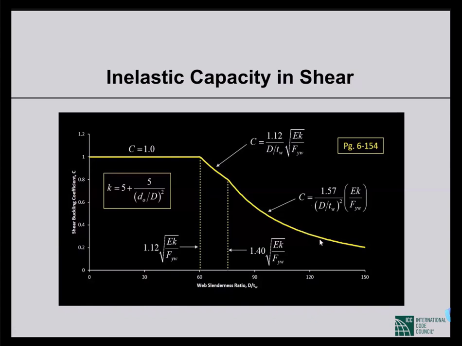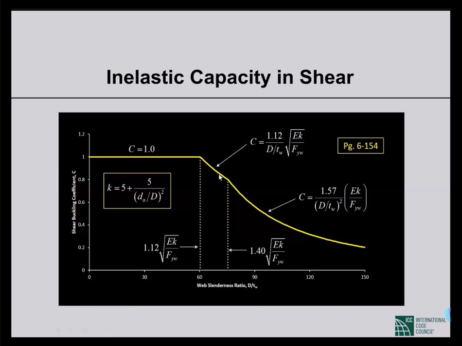When it is elastic, at the extreme right side, Cv will be reduced drastically depending on the slenderness ratio. In between, there is a straight line. Remember, in the case of flexure, we found that in the inelastic region we don't actually have a very rigorous formulation.